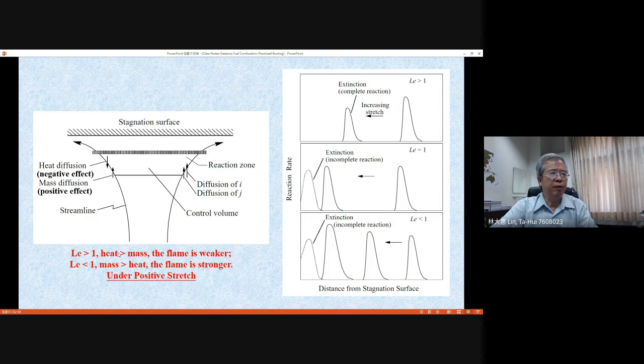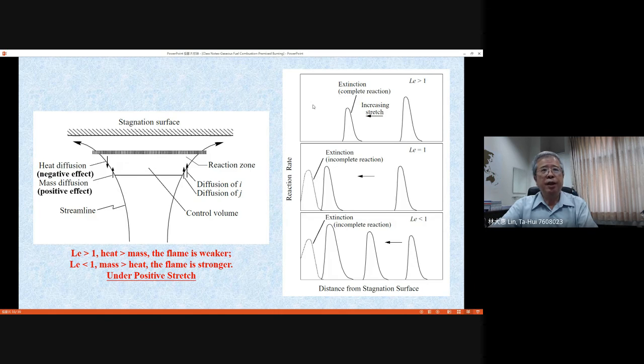The influence coming from the heat is stronger than that coming from the mass. But unfortunately, for this stagnation point flow, the heat has a negative effect, but mass has a positive effect. The negative effect is stronger than the positive effect, then the flame becomes weaker. This is the case of Lewis number bigger than 1, the upper figure.